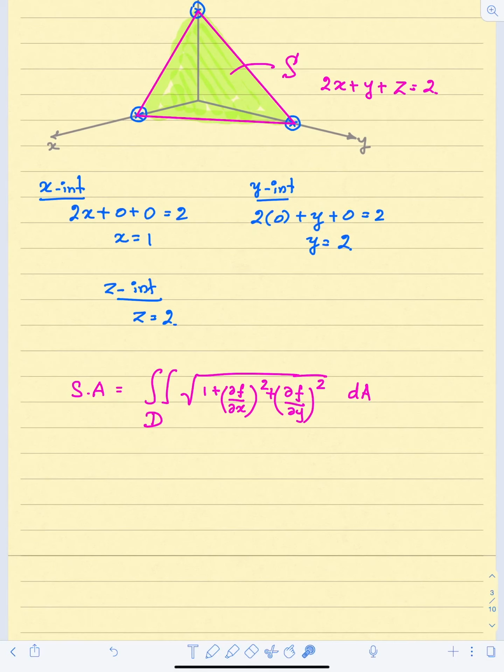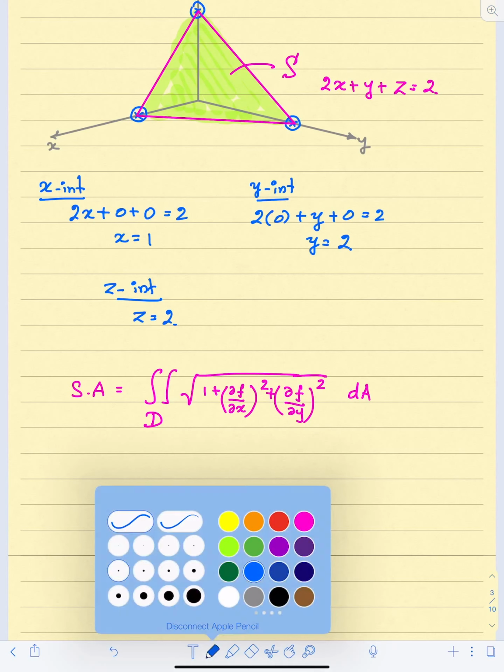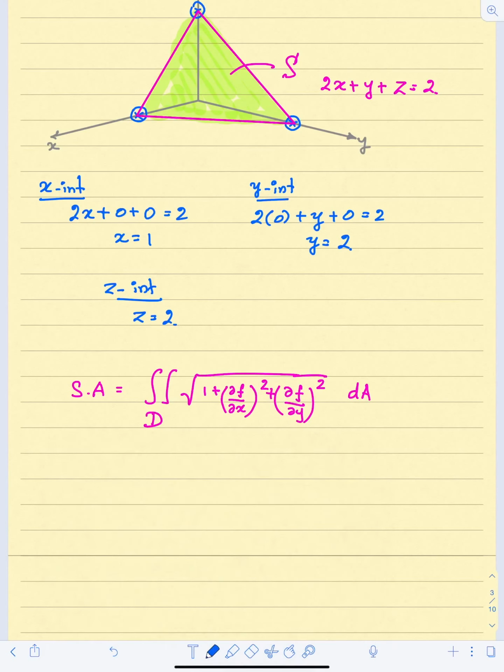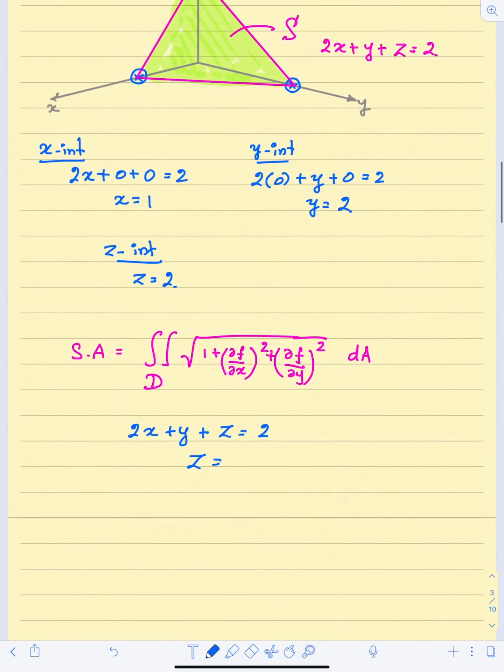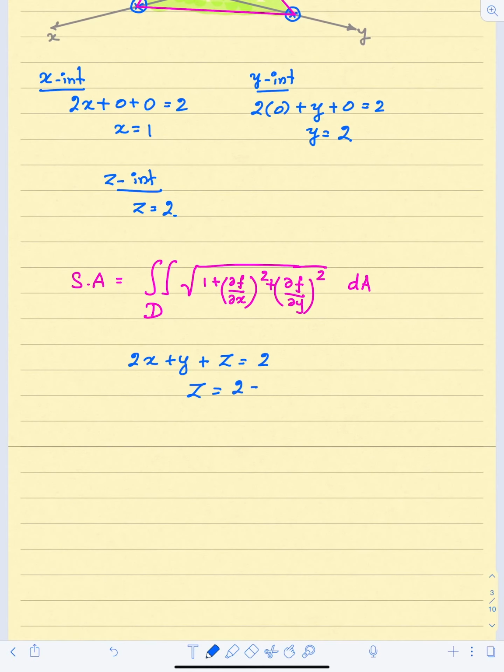To do that, let's solve this equation for z. Since 2x plus y plus z equals 2, the z value equals 2 minus 2x minus y. Now this is your little f of x comma y.